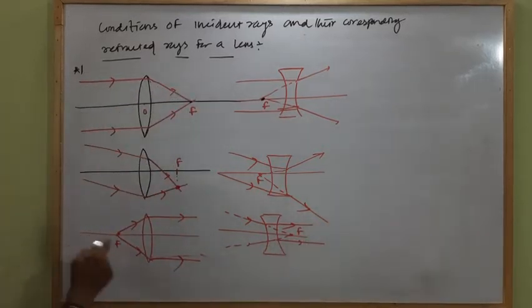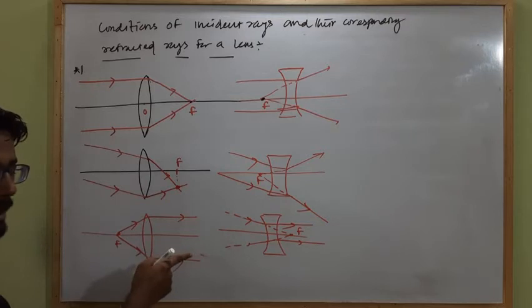Okay, so any incident ray which starts from the focus after refraction goes parallel to the principal axis.